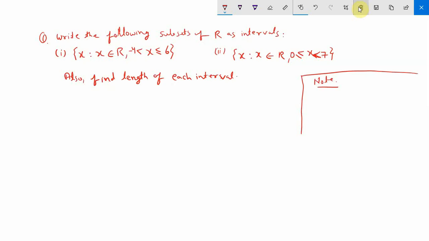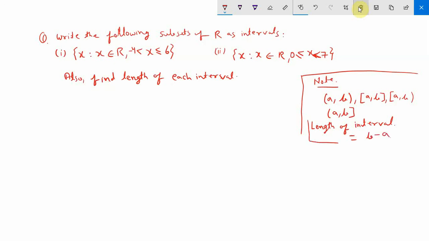If (a, b) is any interval, even if it may be closed, open, semi-closed or semi-open, the length of the interval will be equal to b minus a.